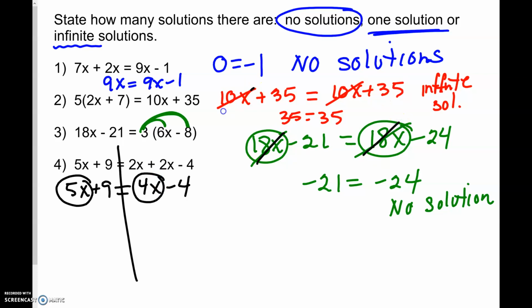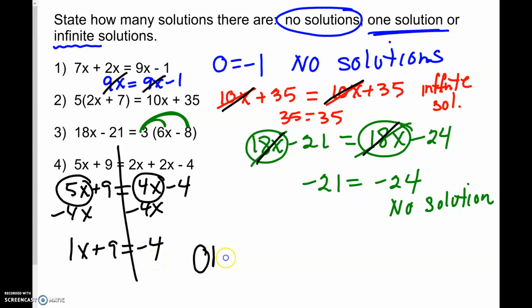In the red, they canceled out. In the blue, they canceled out. Are they going to cancel out here? No. So when you subtract 4x from both sides, 5x minus 4x still leaves us with 1x. So if that is the case, that means there is going to be one solution.